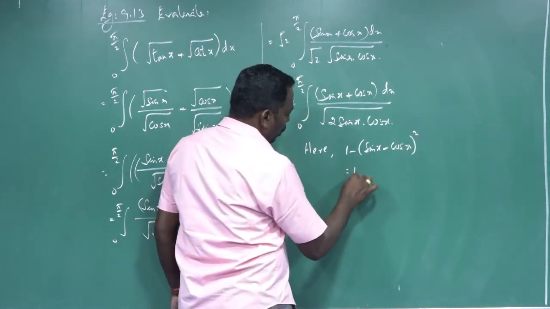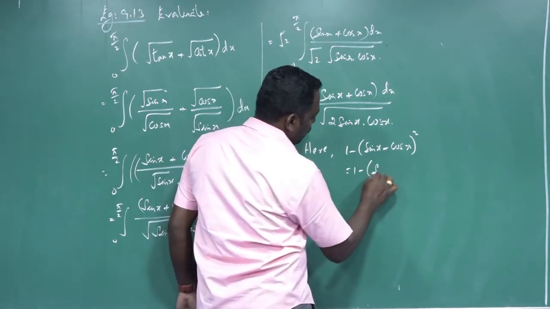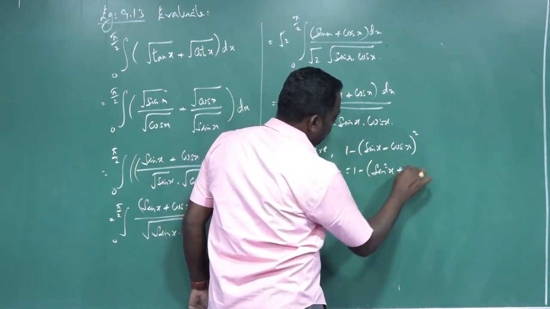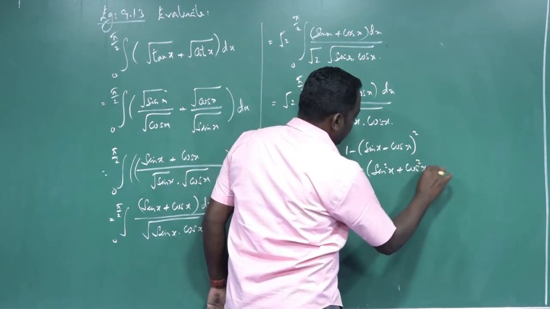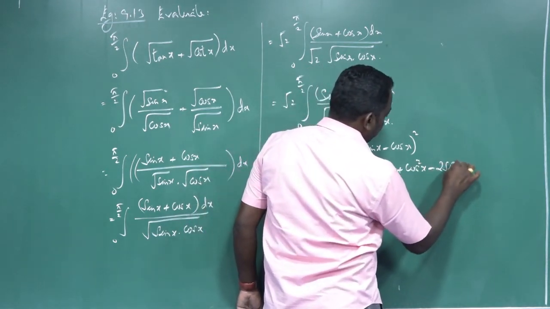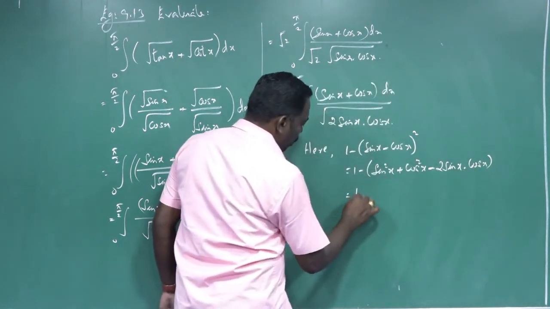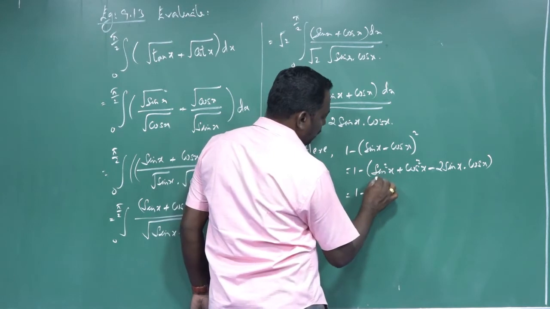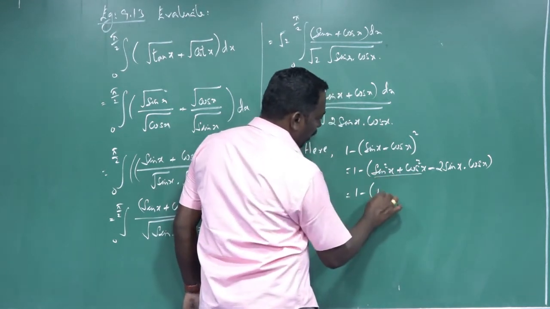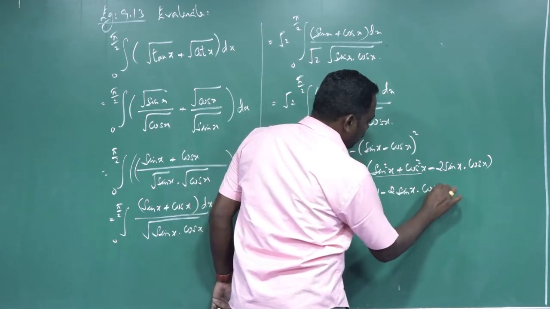Now that is equal to 1 minus, expanding a minus b whole square form: sin square x plus cos square x, then minus 2 times sin x into cos x, and that is equal to 1 minus of the bracket of sin x cos x value, equal to 1 minus 2 into sin x into cos x.